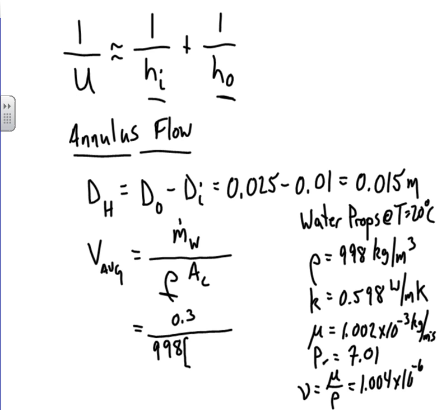And our cross-sectional area for an annulus is 1/4 times pi times the outside diameter squared, 0.025 squared, minus the inside diameter squared, 0.01 squared. Okay? So we calculate that, and we find that the average velocity is equal to 0.729 meters per second.